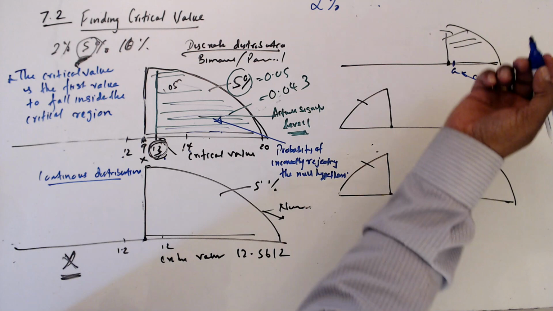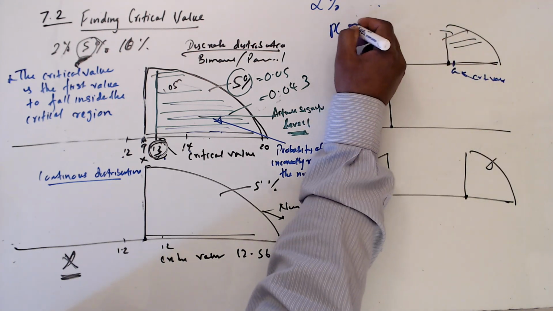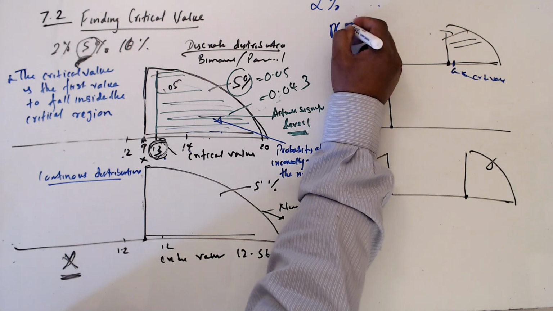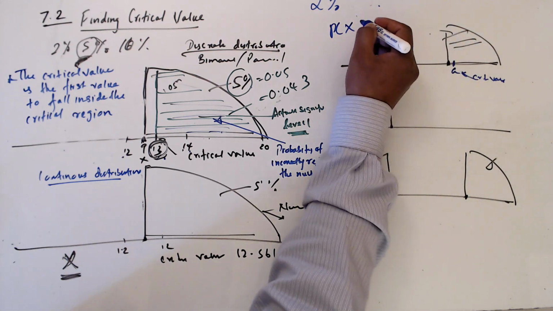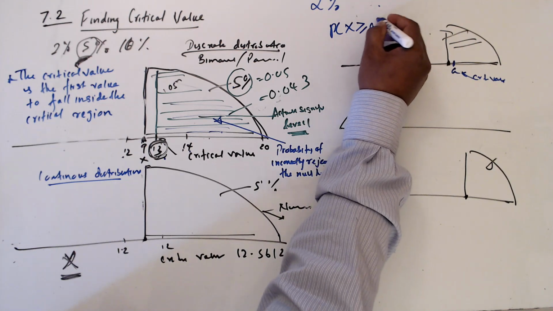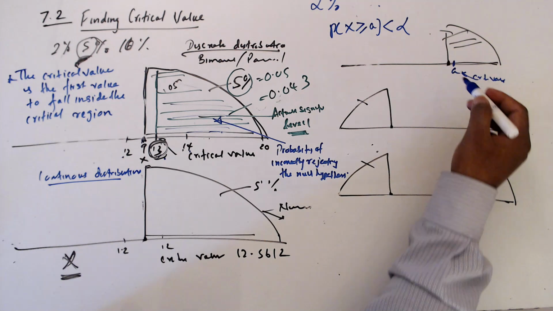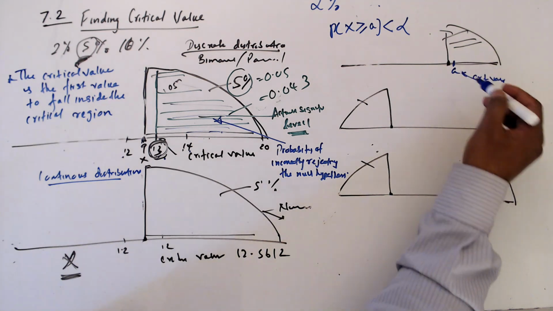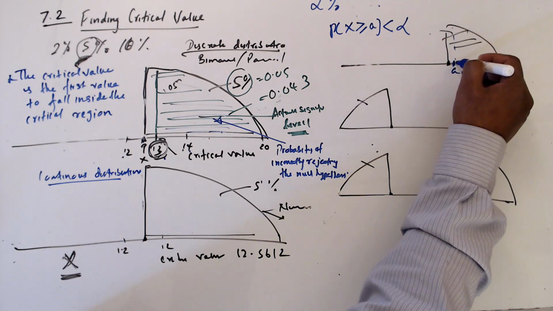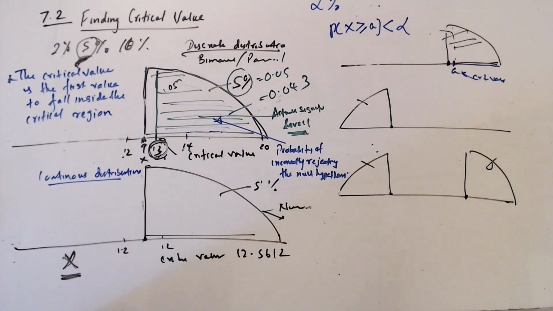Then the probability of rejecting, we write probability of x greater than or equal to a less than alpha. Then this is the rejection region. So including this value, and this is the rejection region.